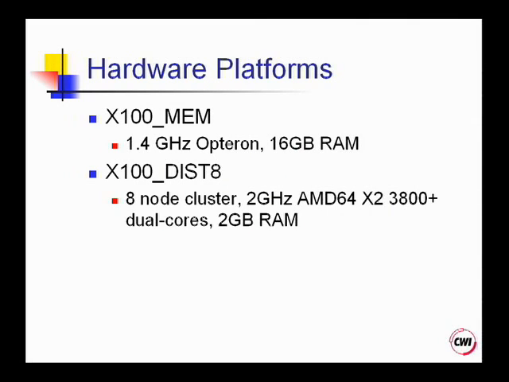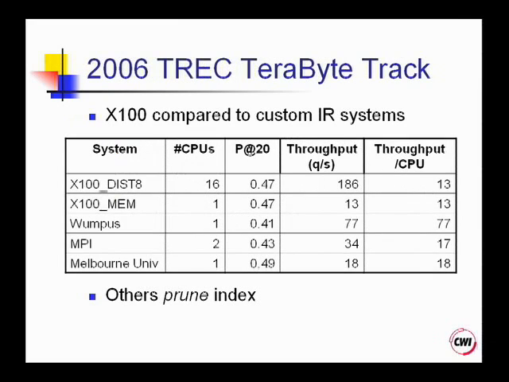We ran the TeraByte TREC on the following hardware platforms, or actually on more than these, but these are not shown in the results I will present. And please take a while to read the machines. And the results of these were as follows compared to the other systems in the TeraByte TREC.